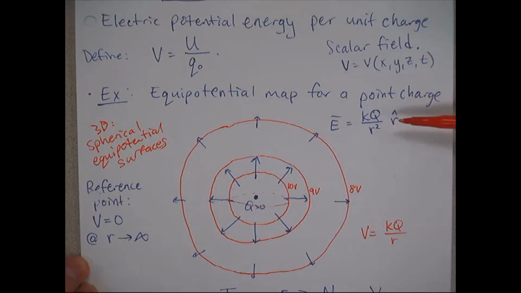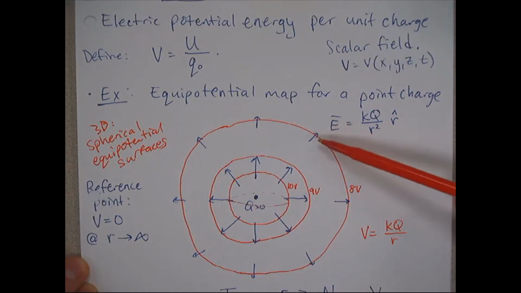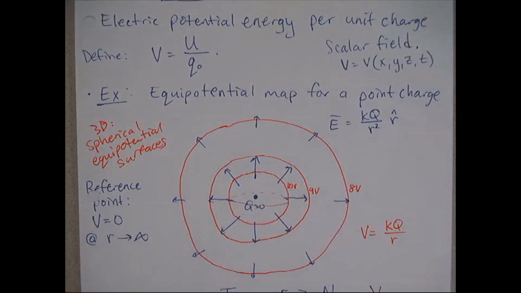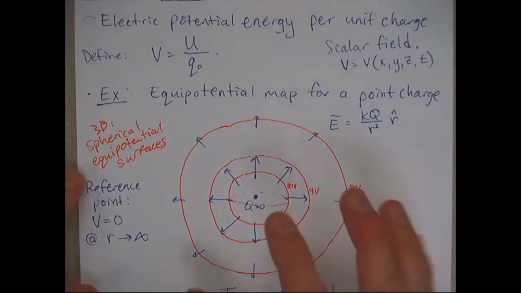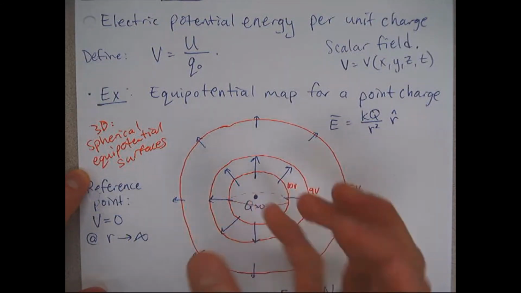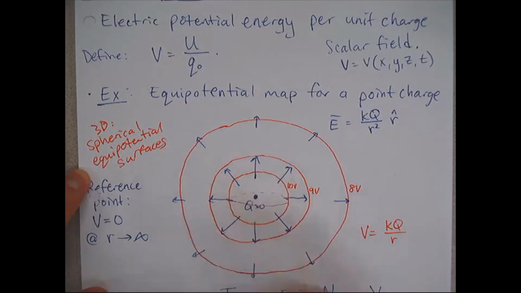We knew that the point charge creates an electric field, kq over r squared in magnitude, as you move away at a distance r. It points away from positive charges towards negative charges. Here, what you need to imagine is that we're looking at three-dimensional spherical equipotential surfaces.